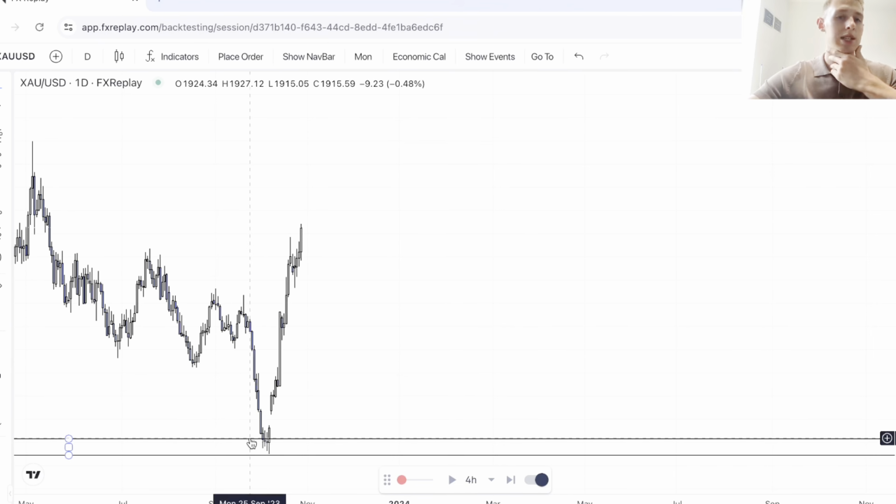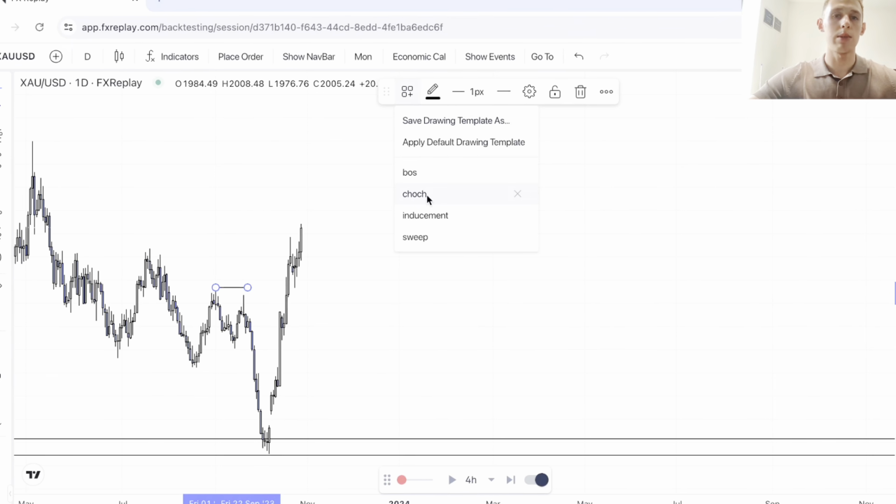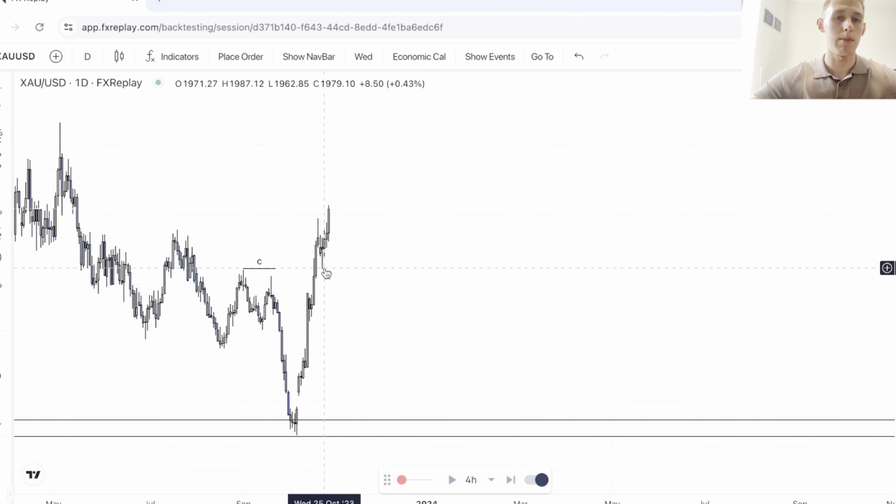But once price came into the area of demand, we saw it clearly break this main structure, which was that current higher low point. So if we mark that on, essentially what this means is just that price has now flipped back bullish internally, breaking this most recent structure.